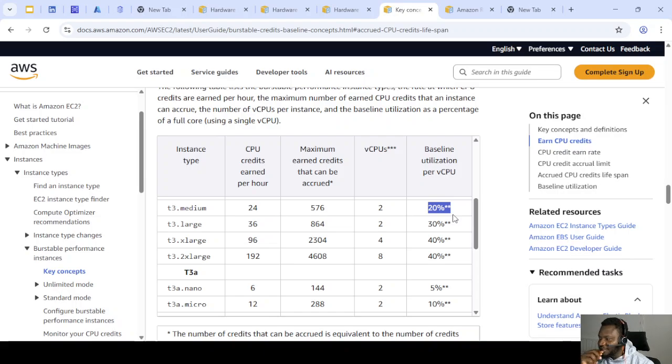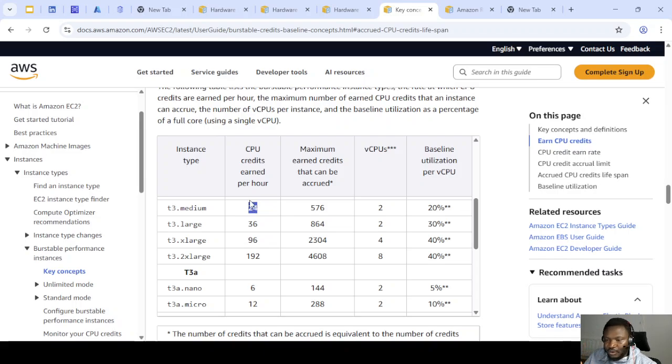What does this mean? It simply means that if your RDS instance class is DB T3 medium and your vCPU utilization is below 20%, RDS is going to accumulate 24 CPU credits per hour.